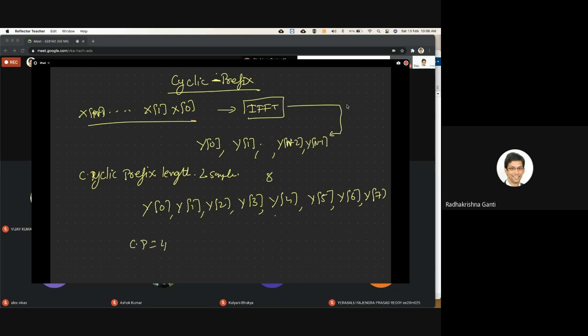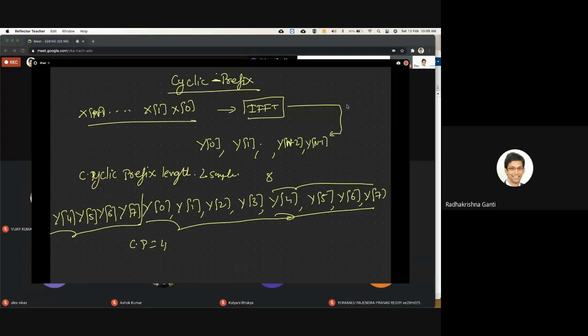What do you do? You copy the last 4 samples to the front. So the output of the cyclic prefix addition will be something like this: Y4, Y5, Y6, Y7. This is your cyclic prefix. This was your original OFDM symbol, and you copied the last few parts to the front.